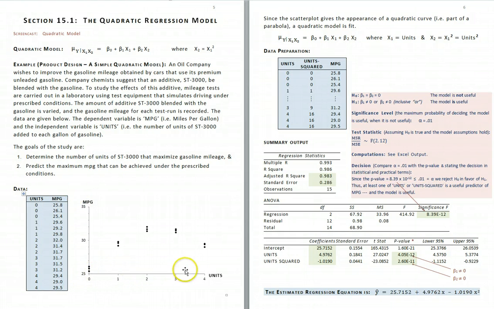A scatter plot of the units of additive per gallon versus the miles per gallon has a parabolic shape. We prepare the data to fit a quadratic model by including a units of additive per gallon squared column.